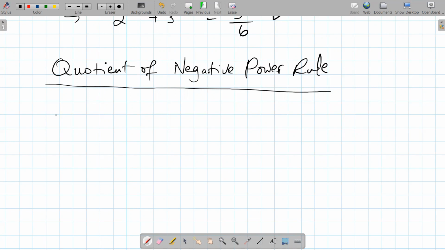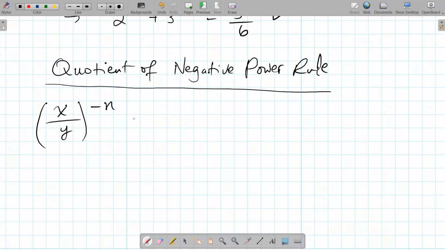So in this particular case, if I have something like this, x over y all raised to negative n, where x and y are some items, and the n there is an integer. This time it's a negative integer.